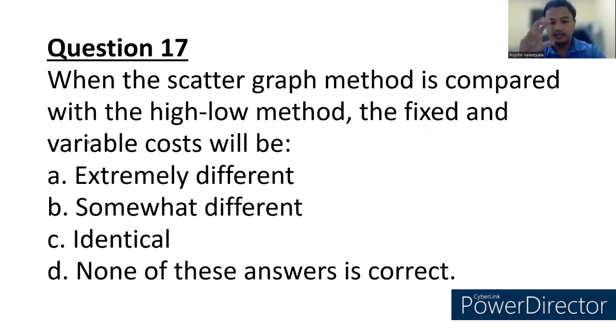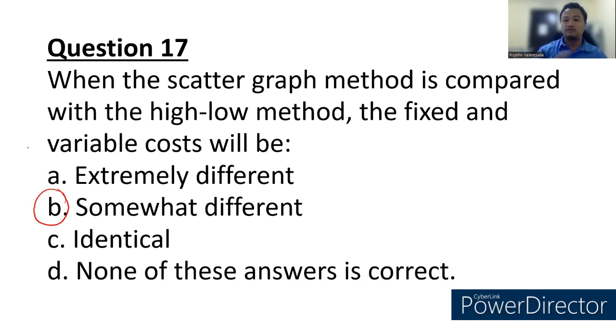Si scatter graph, nagpa-plot siya ng mga data points sa graph and visually, ina-identify yung relationship between cost and activity levels. Si high-low method, gumagamit siya ng highest tsaka lowest activity, no? Para makalculate mo yung variable cost per unit. Then, tsaka mo aalamin yung fixed cost component. Therefore, medyo pareha sila ng result na lalabas dapat, pero hindi sila identical. Kaya naman, somewhat different.